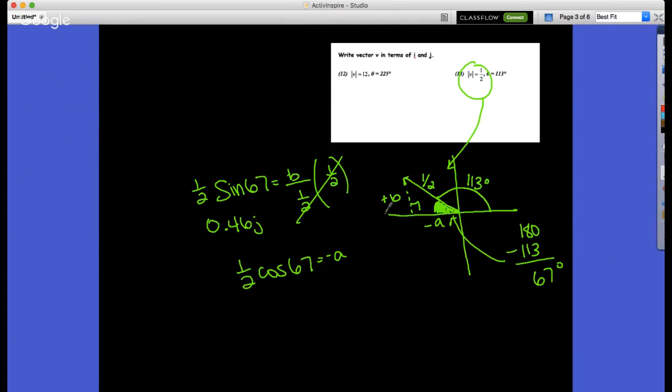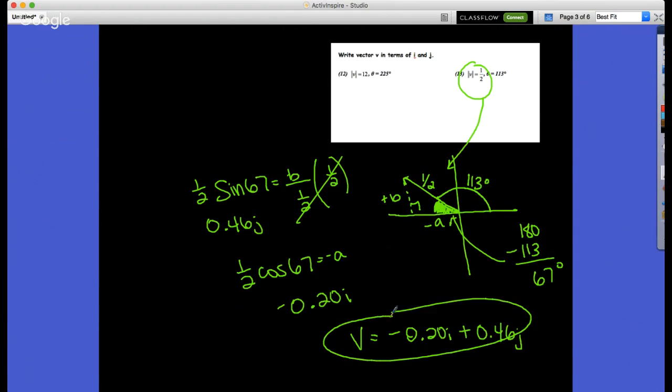And for that one, it's 0.20, and that will be my i. So as I plug it in, I'll just say my vector V, by the way, this is negative, equals negative 0.20i plus 0.46j. And that right there is our vector, okay?